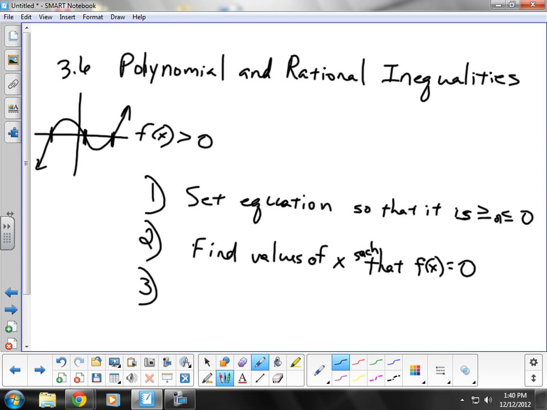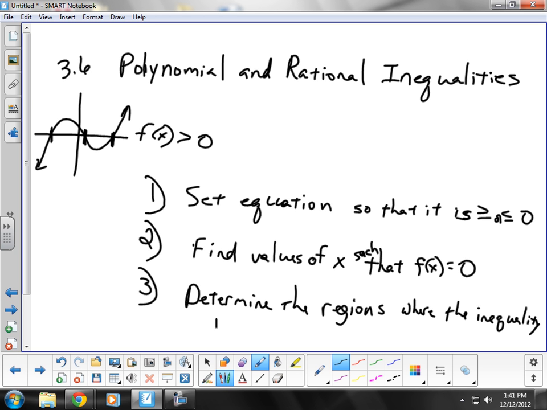And then step 3 will be determine the regions where the inequality is true. Okay, so you got 3 steps to these.